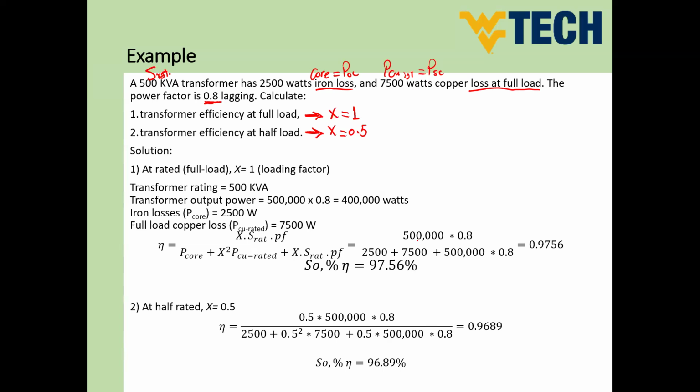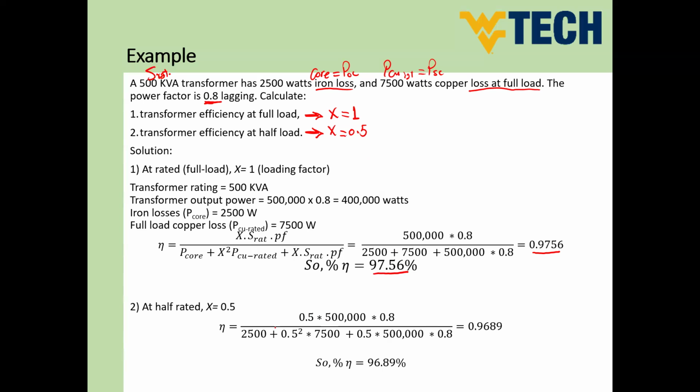So S is 500k, power factor is 0.8, this is P core, this is P copper times X squared, and X equals 1. So we get the efficiency, which is 97.56. This is the first case.